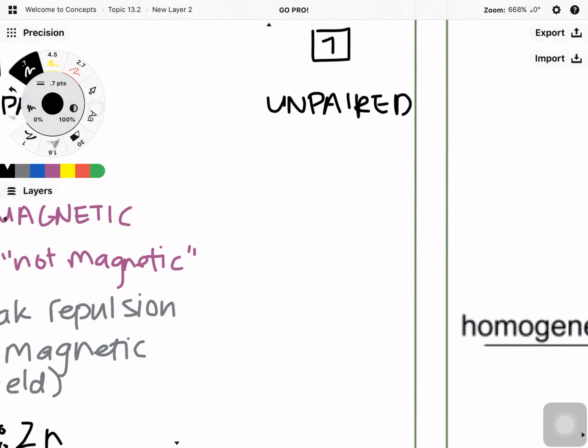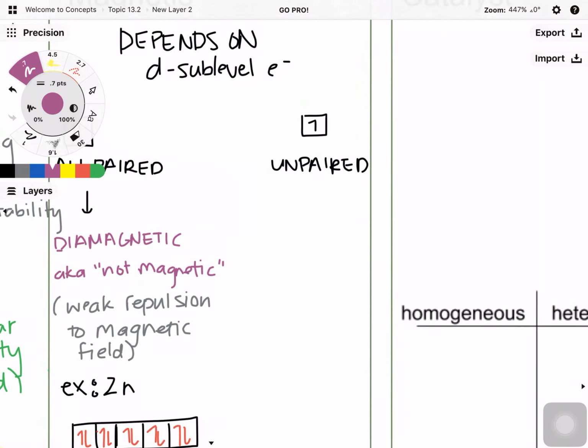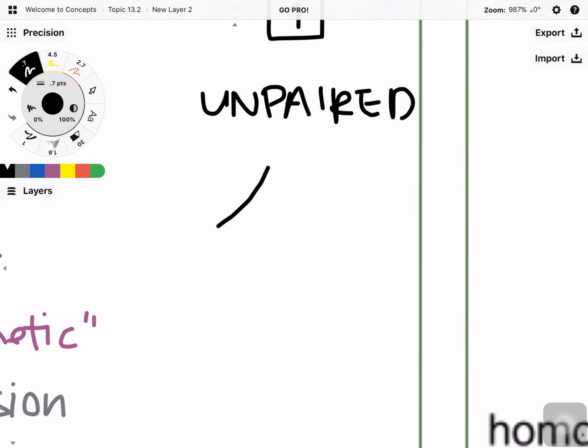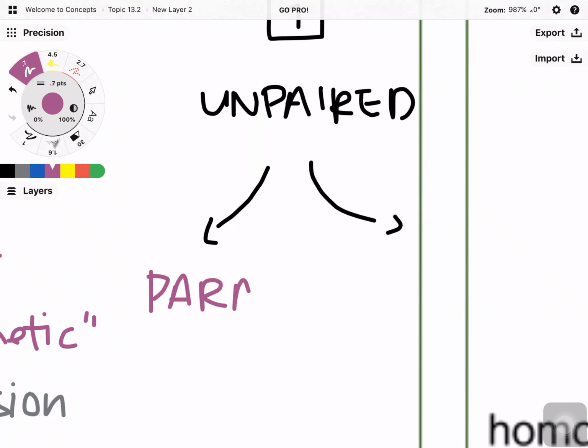Alternatively, if we have some amount of unpaired electrons in the d sublevel, we have two different phenomena that take place. We can either have a substance that is known as paramagnetic or a substance that's known as ferromagnetic. Now, let me just finish writing these and I'll explain the difference.